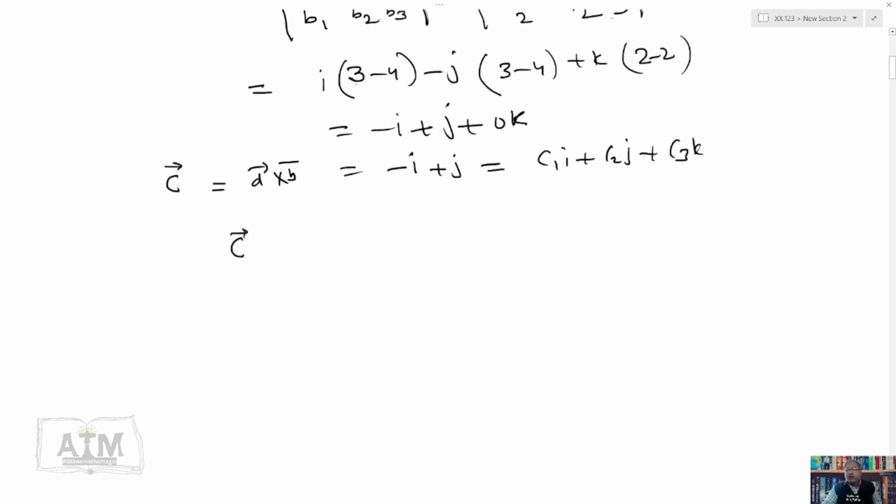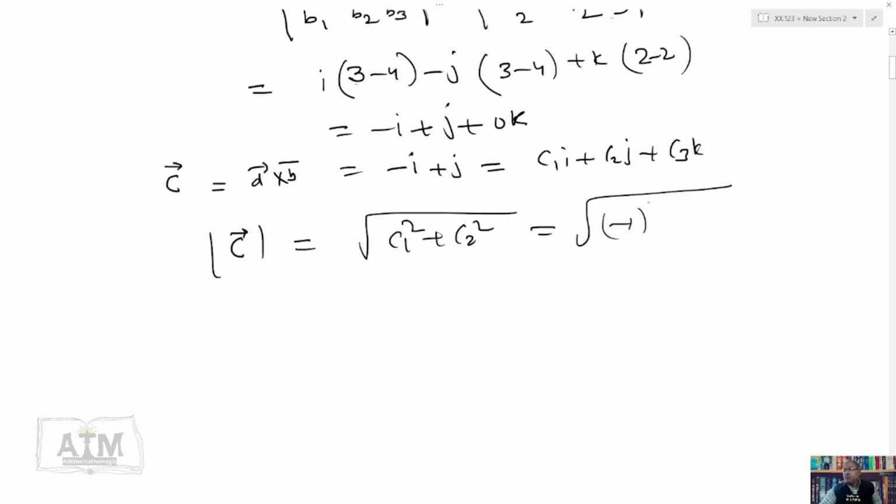So the magnitude of vector C is nothing but the square root of c1 square plus c2 square, that is equal to minus 1 whole square plus 1 square. So that is equal to the square root of 1 plus 1 equals the square root of 2.